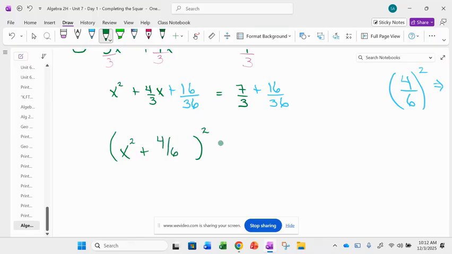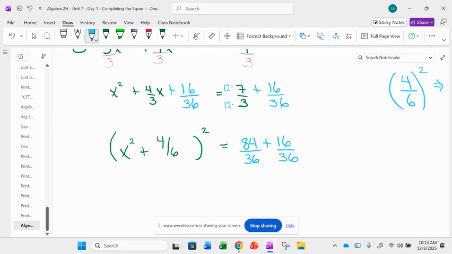Quantity squared equals, now I'm going to create a common denominator. My common denominator is 36. So I'm going to multiply top and bottom by 12. So I'm going to have 84 over 36 plus 16 over 36.